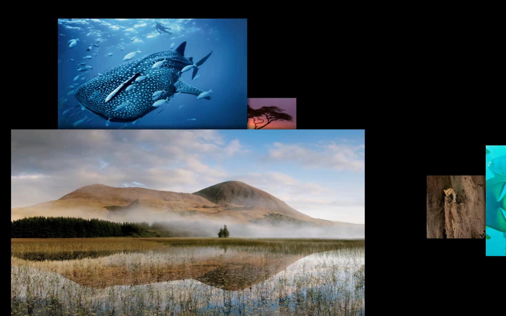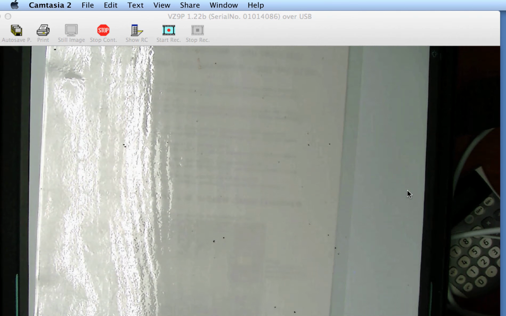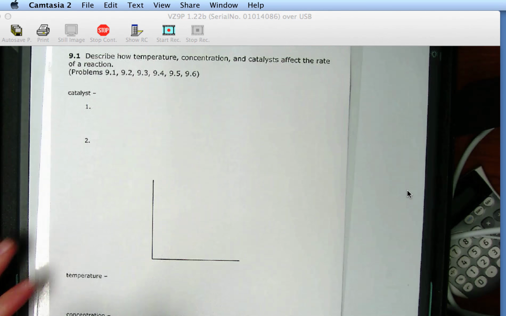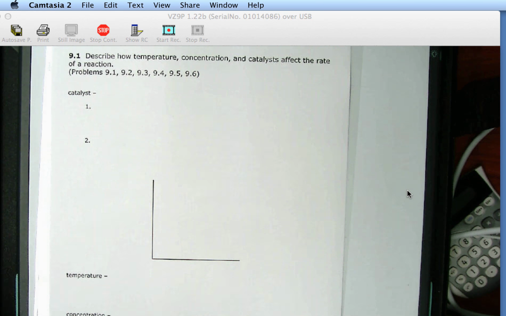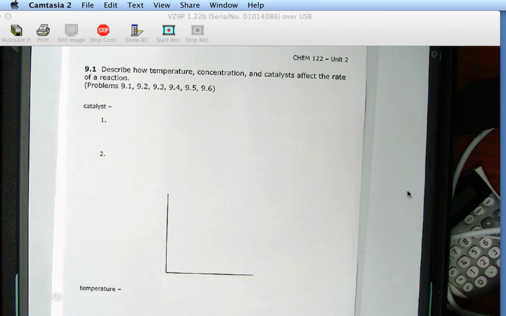Okay, so we'll go on and we're going to talk more about chemical reactions. We're going to talk about catalysts. And we'll see these energy diagrams again. The more you see them, the easier they are to understand. So we have two definitions of a catalyst.